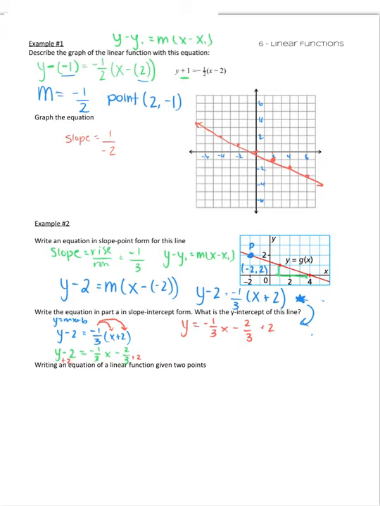We need to turn this 2 into a fraction to add it. It's technically over 1, so we multiply both by 3, and that'll be 6 over 3. Our very final equation is y equals negative 1/3 x plus 4 over 3.